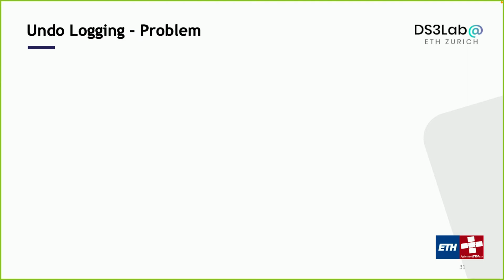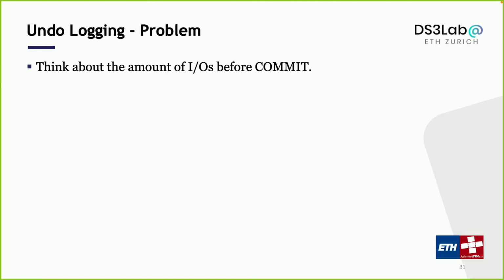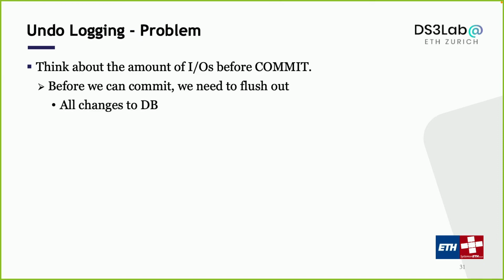First one is correct, it's great. But there could be something we can improve. So let's think about the amount of data movement that we need to conduct before your transaction commits. What do I need to write? We need to flush out two things.